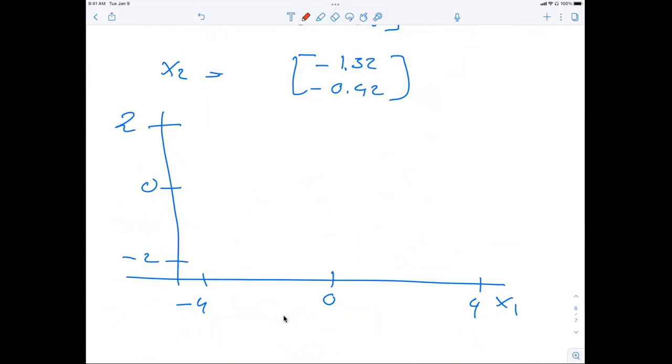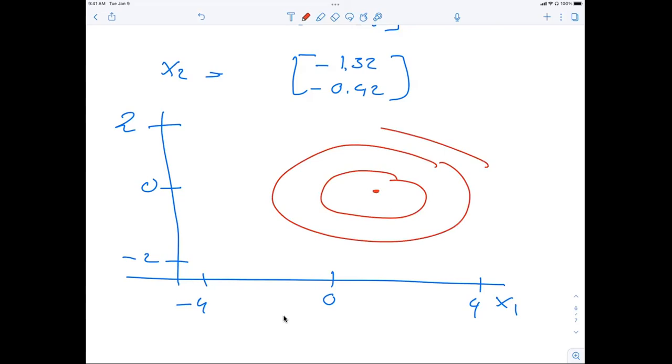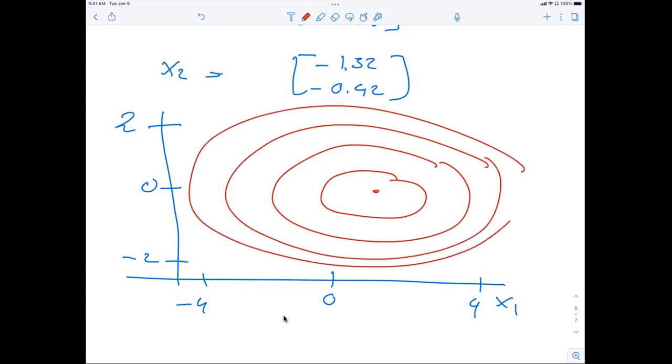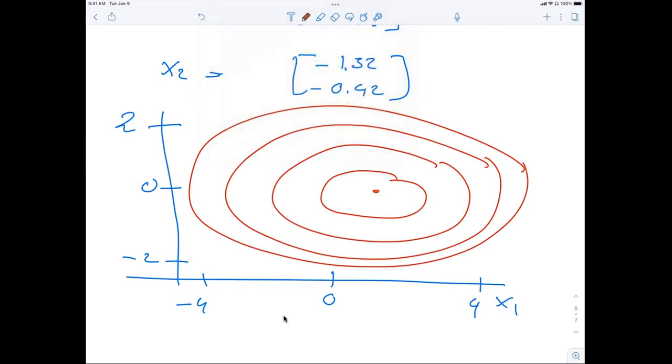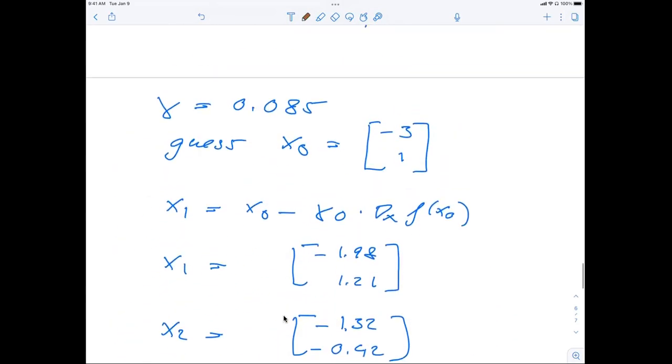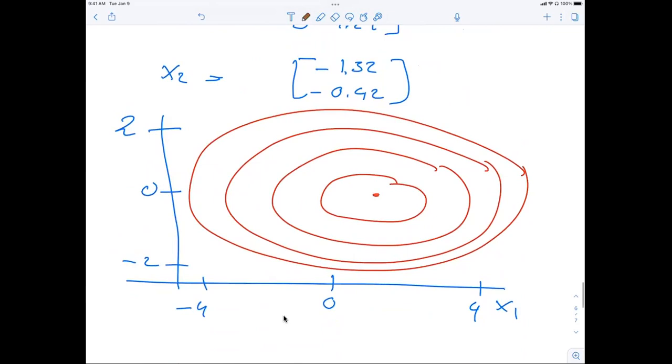You will see then that there is a minimum around some values here, and then depending on the values, you're going to get this kind of contour circles, and so on. So when you take the first vector, you started with -3 and 1, so that means that we started somewhere here.